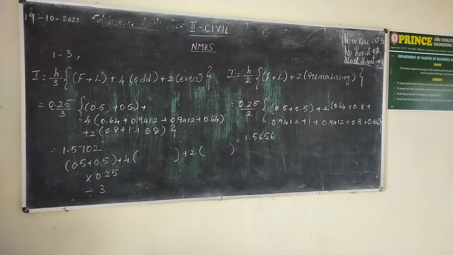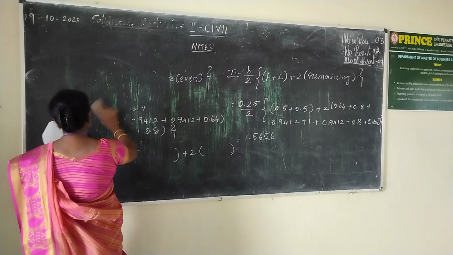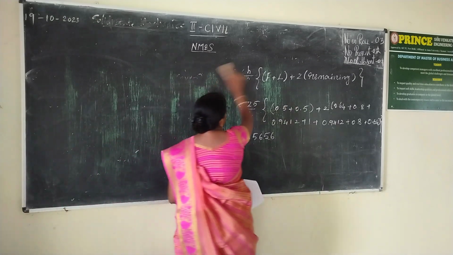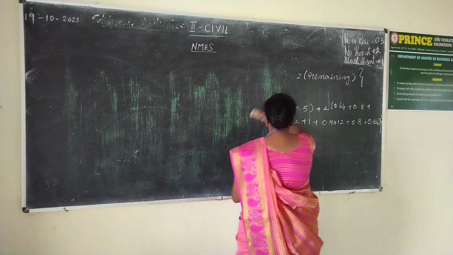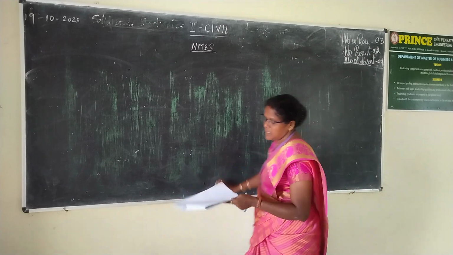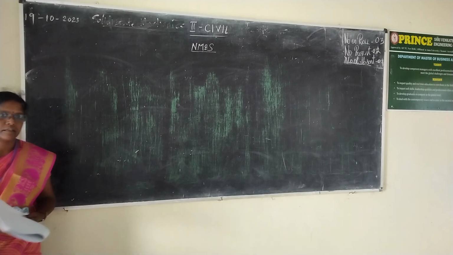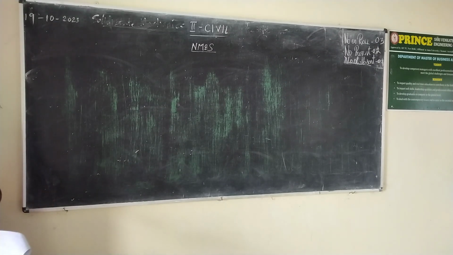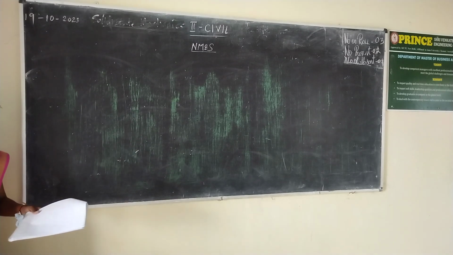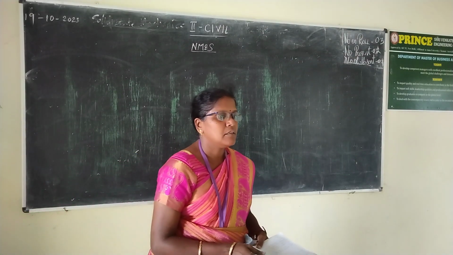Next one: the velocity v of a particle at a distance s from a point on the path is given by the table below.